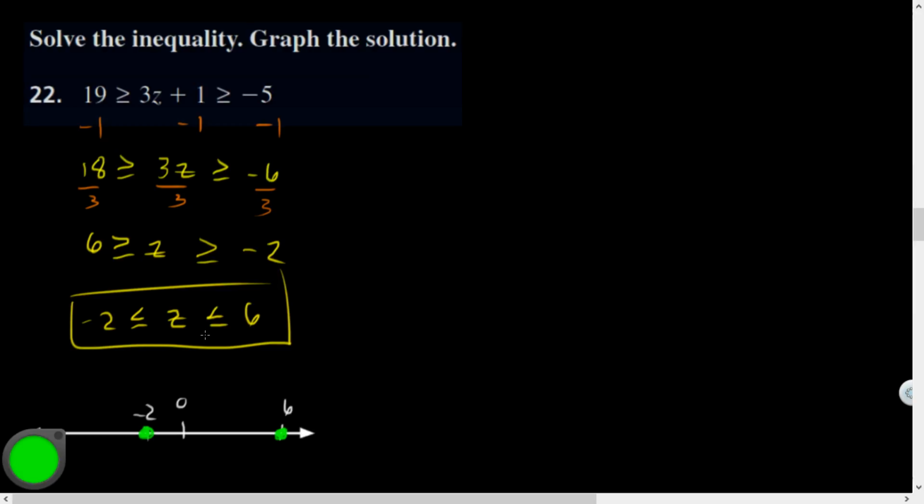And notice the z is in between those numbers, and my solutions that represent z will be in between those numbers. So that's what the graph would look like. Everything in between. And is together, and or is shaded away if you were to graph an or problem.